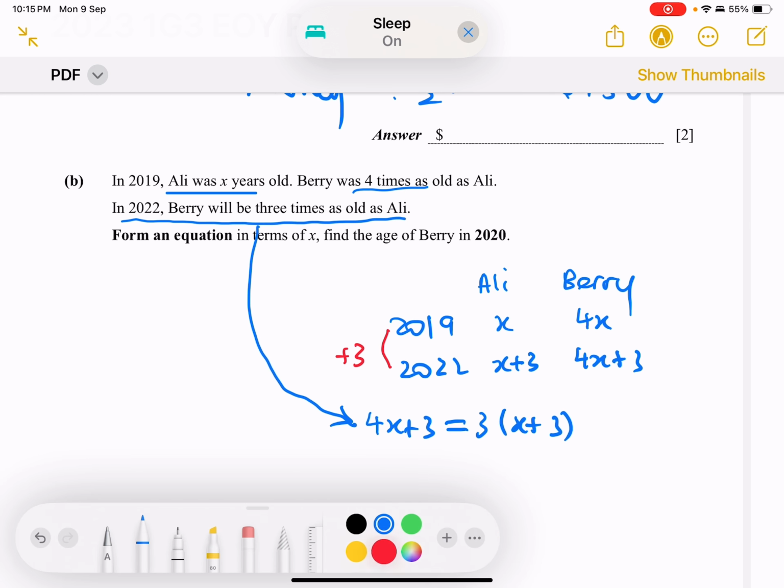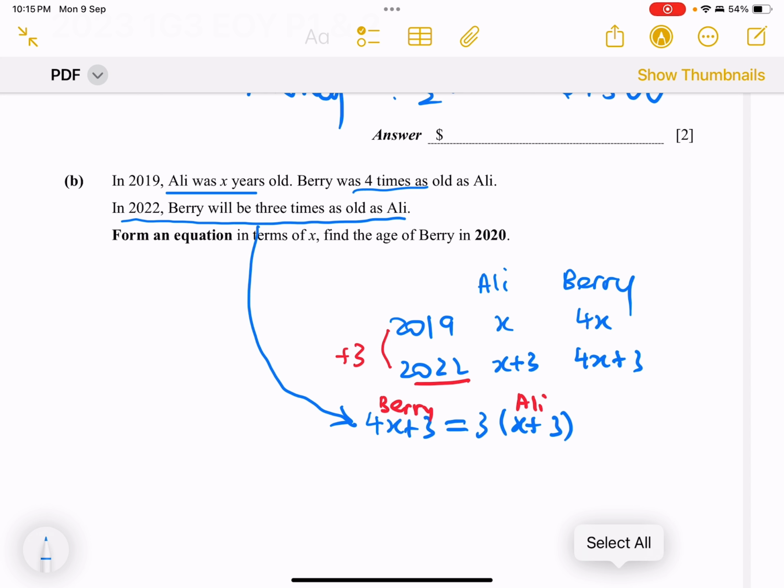Okay, so we need to solve this, and we can work it out easily. X is 6. Okay, so they say find Barry's age in 2020. Now 2020 is just 1 year more than 2019.